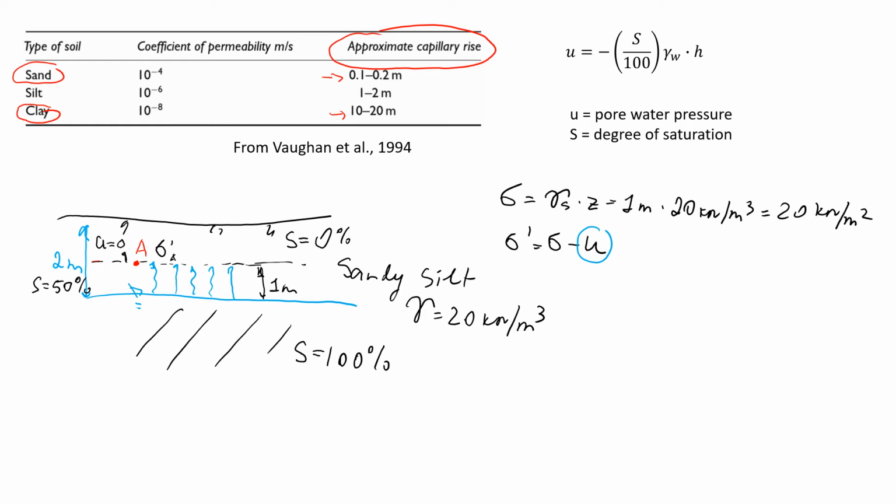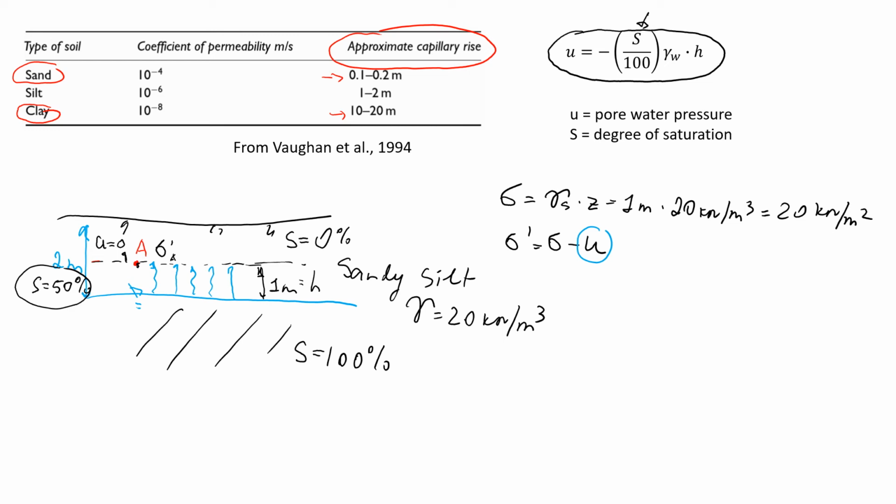Just immediately below point A there is some capillary force acting on point A, and we can estimate the pore pressure that comes from this capillary force using this formula, where we need to know only the degree of saturation, the unit weight of water, and the capillary rise. The capillary rise is 1 meter and the degree of saturation is 50%.